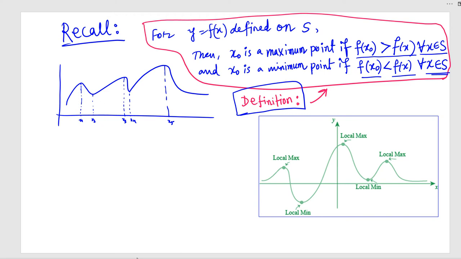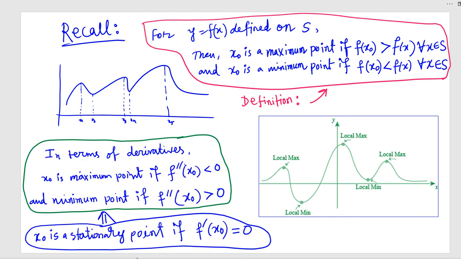Now, in terms of derivative, x naught is said to be a maximum point if the second order derivative at this point is less than 0, and it is a minimum point if the second order derivative is greater than 0.